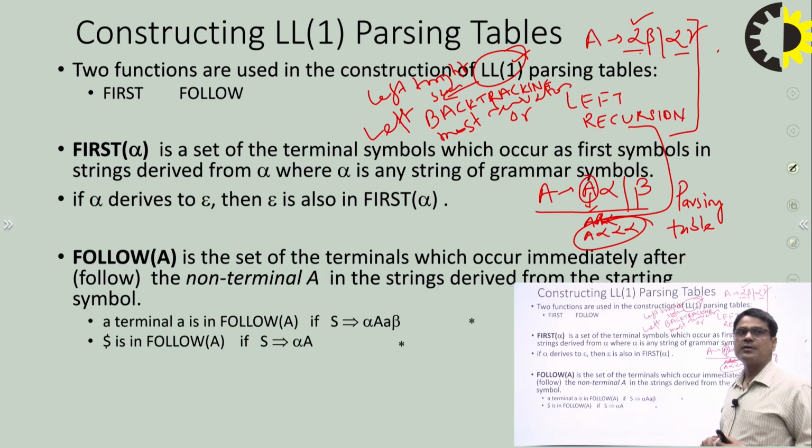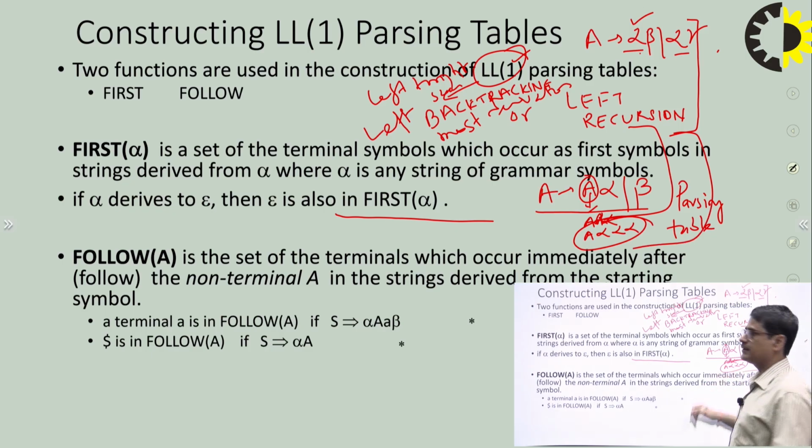Even follow also has terminals, because when we implement and validate the language for the given grammar, we use the particular input alphabets for further processing. So first and follow both generate the input alphabets. There are rules for first of alpha, and there are rules for follow of alpha.